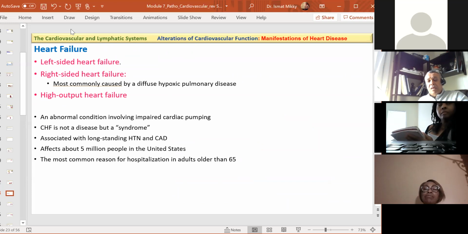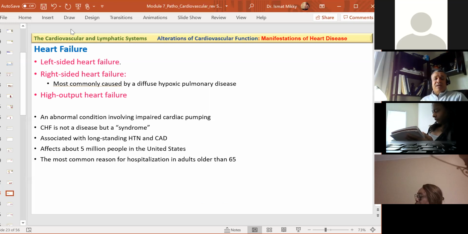Another one third of the patients who develop heart failure will have it as a complication from acute MI. So about one third of the clients experiencing myocardial infarction also develop heart failure.